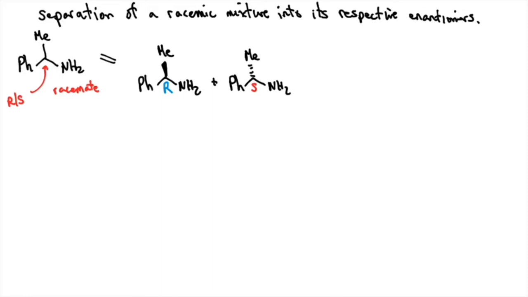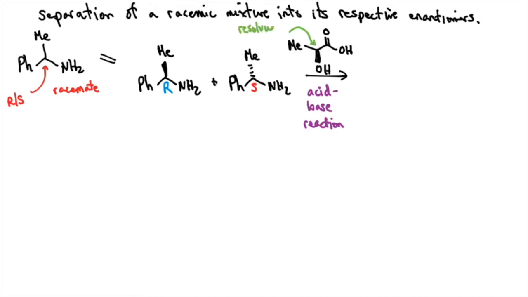So let's take this racemic mixture and let's treat it with a carboxylic acid that is chiral. In this particular reaction, the reason we do this is because there's an acid-base reaction that occurs. So this chiral center here is really our resolving agent.